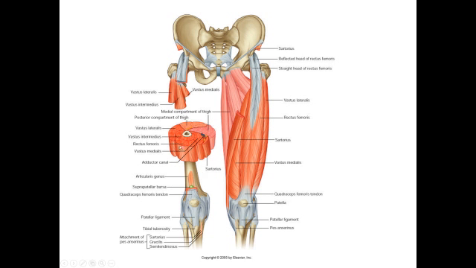So we think about, of course, the quadriceps on the front, and we've got 4 of those: the rectus femoris, and then deep to that is the vastus intermedius muscle, and then of course the vastus lateralis, a big bulky one laterally, and the vastus medialis.